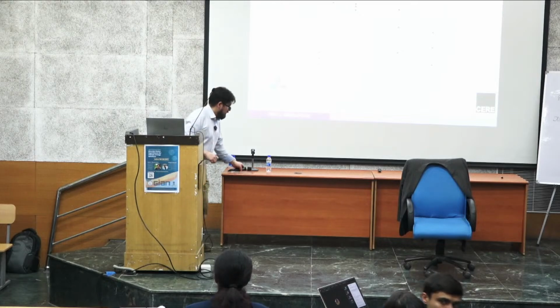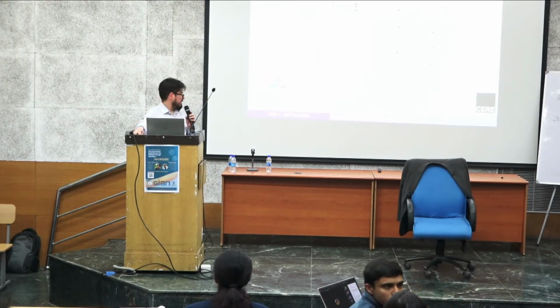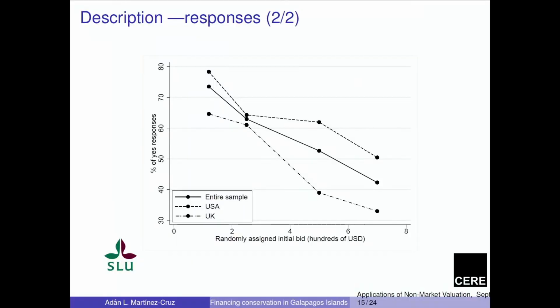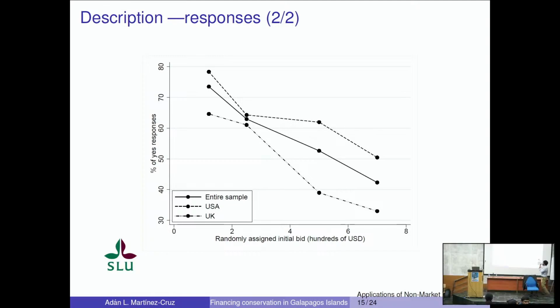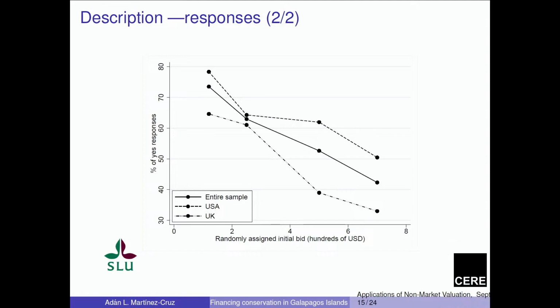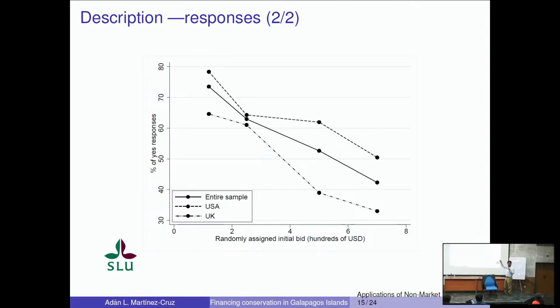I am very happy with this example because, look at the line in the middle. We were able to present bids that the percentage of people saying yes decreases monotonically.